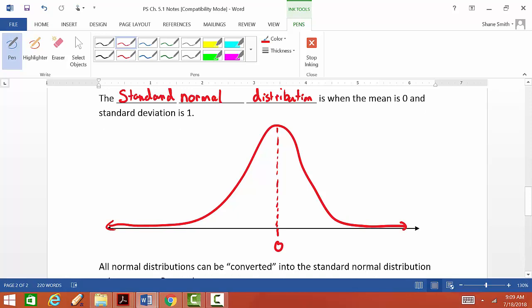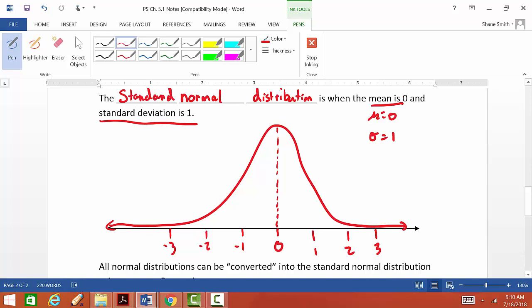Then 1 standard deviation, remember my inflection point is about right here, 2 standard deviations, 3 standard deviations, and we set my standard deviation equal to 1. So my mean is 0, and my standard deviation is equal to 1. We'll do the same thing on the negative side, so my inflection point is about right there. Therefore, every value on the axis is 1 standard deviation away from the mean.